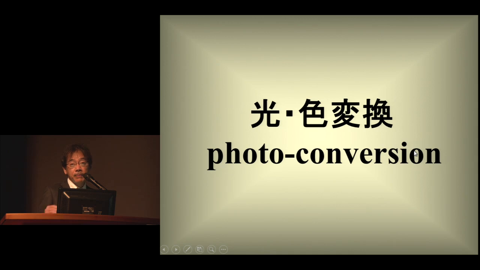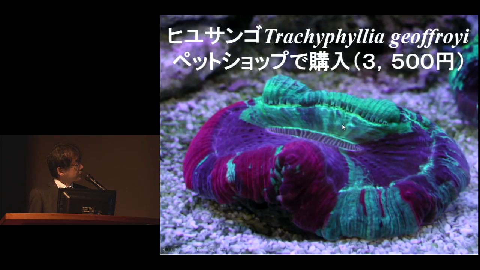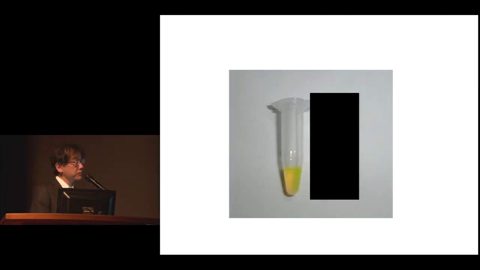And the first is conversion. A very long time ago, we went to a pet shop in downtown Tokyo and came across a very beautiful, colorful, stony coral, Trachyphyllia. Okay. And at first glance, I thought we should be able to clone more than one different fluorescent protein, but I was wrong. Ryoko Ando in my lab cloned only green-emitting fluorescent proteins.